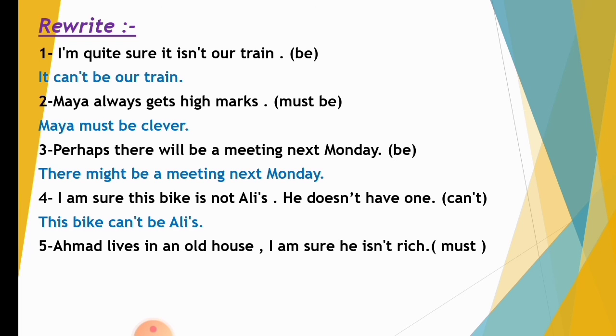Take care of that. Ahmed lives in an old house. He must be poor. I can ask you here to use can't. So what's the answer? He can't be rich. Both of them are equal in meaning.